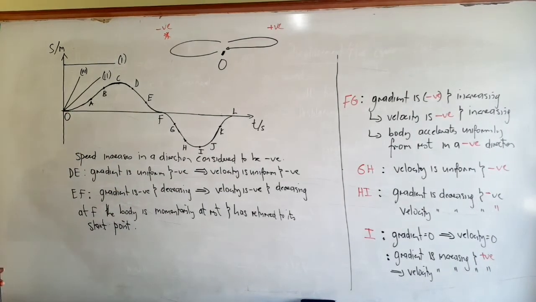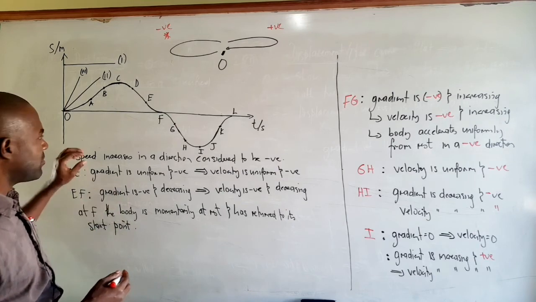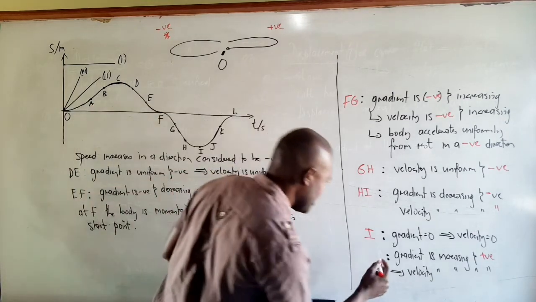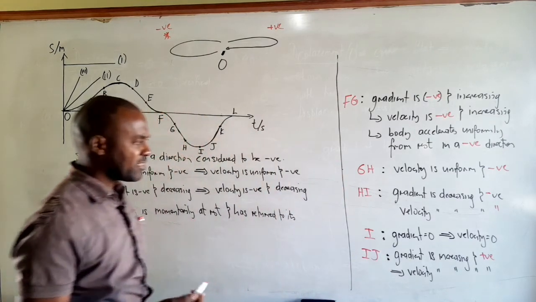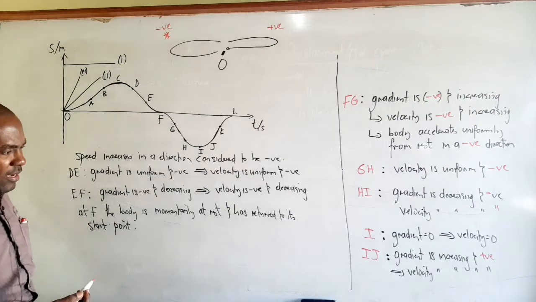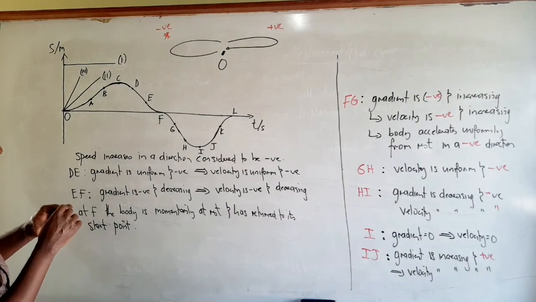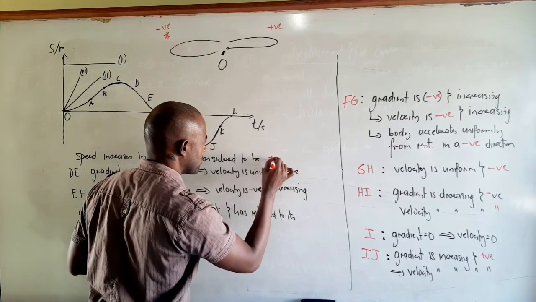Now let's examine JK. But of course because we're talking about changing the information here, so this is for IJ. The gradient is increasing and positive, and therefore the velocity is increasing and positive, and the speed increases in a direction considered to be positive, right?